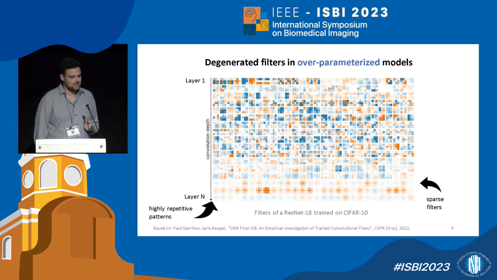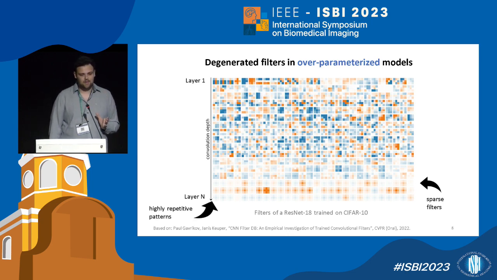The other thing that you may see is that patterns are becoming increasingly repetitive. They're just differently scaled. And that's, again, a redundant computation of inputs, so that's also something you want to avoid. We primarily saw this whenever models are over-parameterized, so you have a huge model that you train on a small data set.